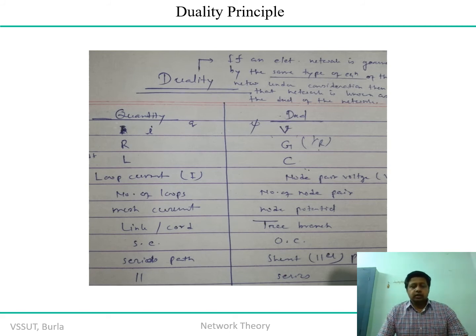Sometimes you might find a little difficulty to solve a particular network. So what you can do, you can create the dual of the network. Say for example, the role of a capacitor in the series connected network can be represented as the equivalent value of inductance in a parallel connected network.